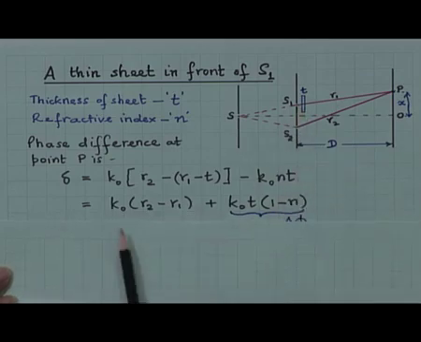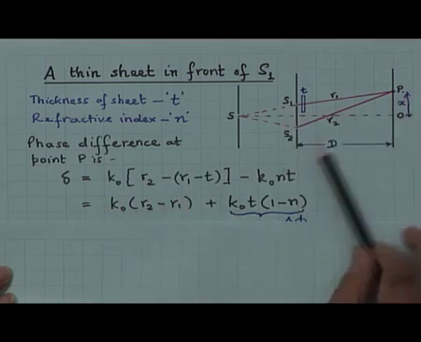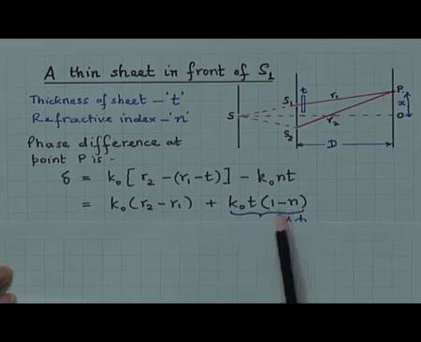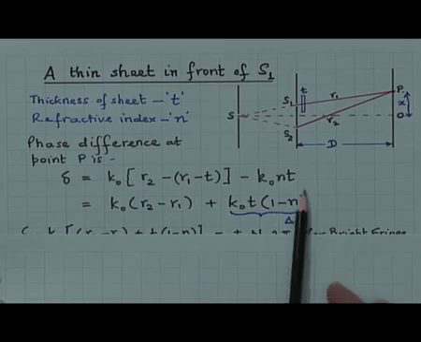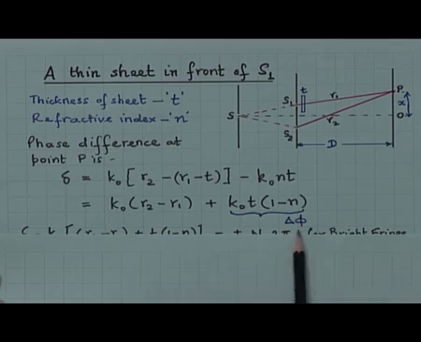So, that is the phase difference. In other words, we can write it as k0 into R2 minus R1, where R2 minus R1 is the geometric path difference, plus k0 T into 1 minus n, where n is the refractive index of the medium. So, this term is like the delta phi that we had introduced earlier, an additional phase difference of delta phi.